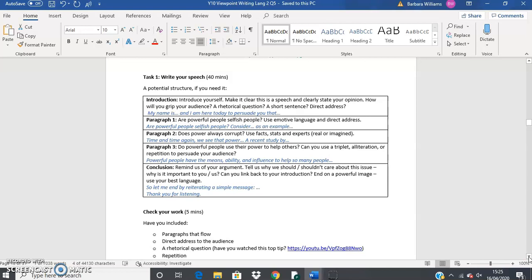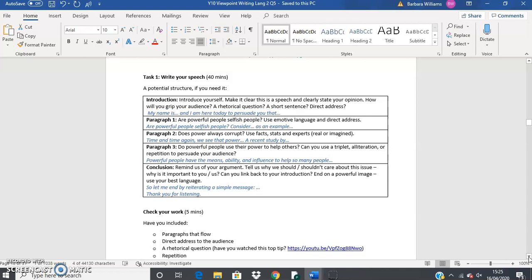A sentence starter there again if you need it. Paragraph three, the final idea in that quote was, do powerful people ever use their power to help others? And I would probably use things like triplets, alliteration, or maybe some repetition, because we're building to a big finish here, aren't we? I want it to sound really powerful and really quite memorable, because I'm building to an end there. Again, in blue, a sentence starter should you need it.